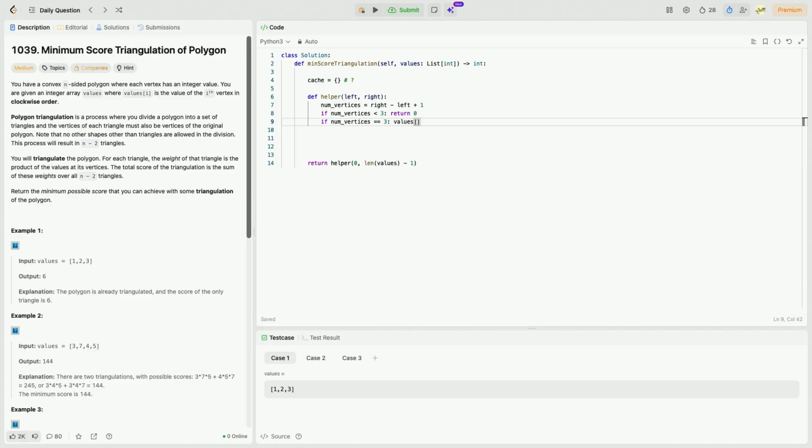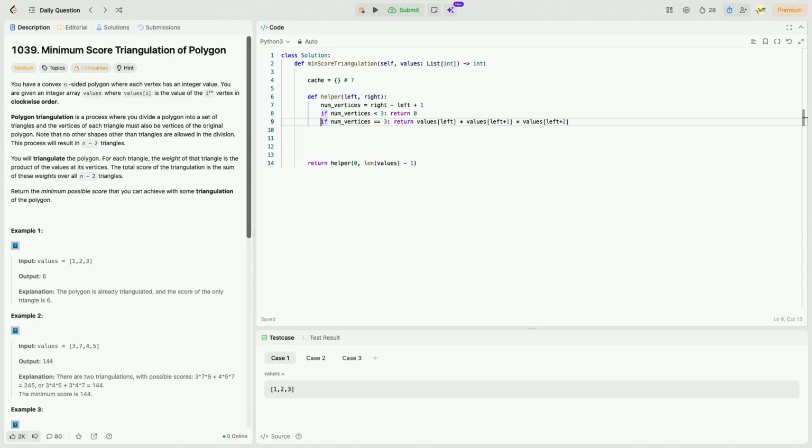So we're just going to return values left times values left plus 1 and times, let's think about this. The third vertex doesn't have to be, do they always have to be adjacent? But this would be the right one or left plus 2. Right. Yeah.